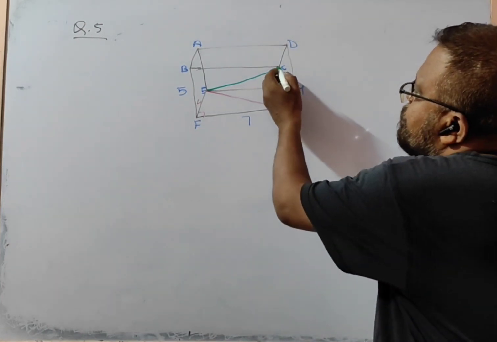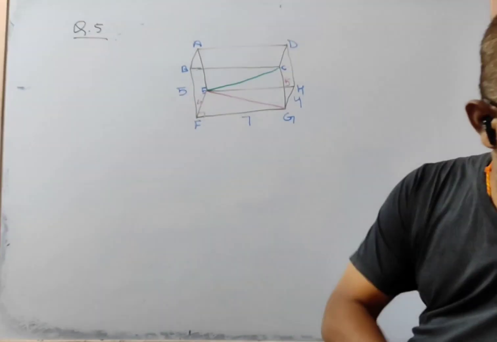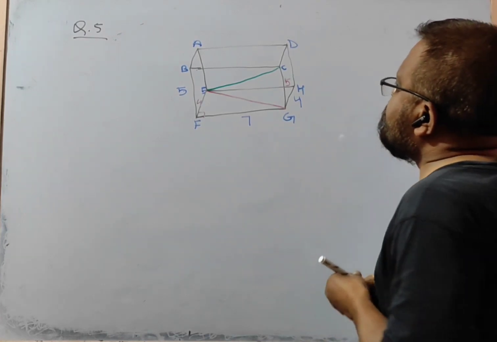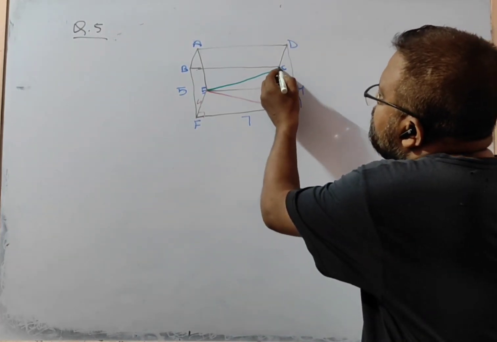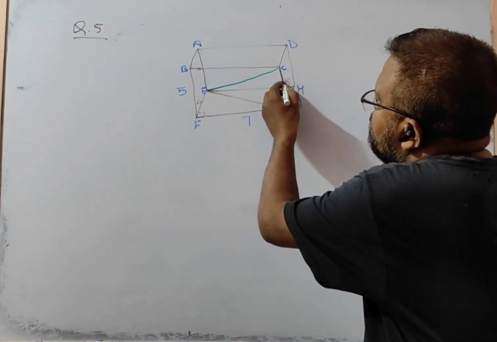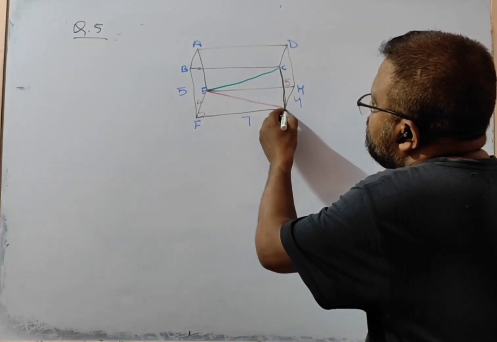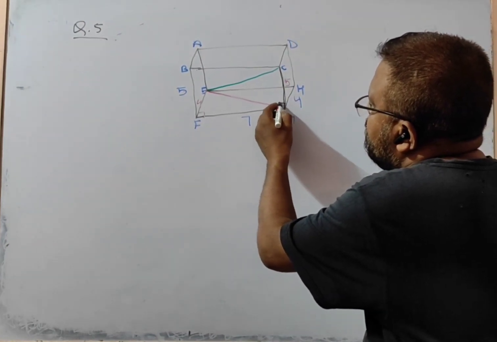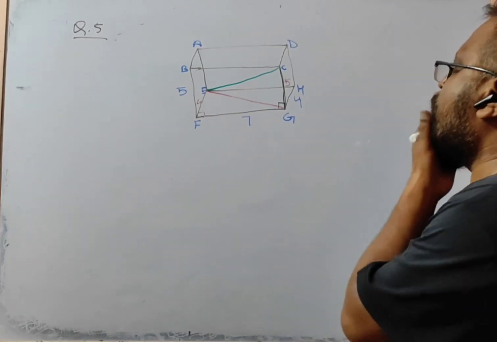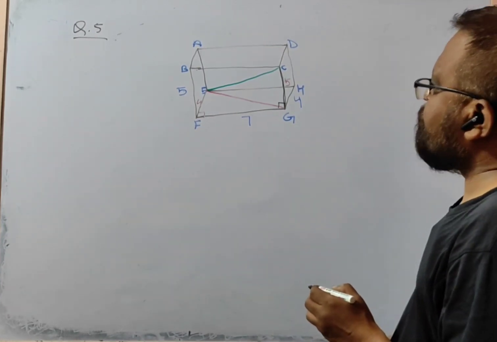So here, this is a right angle triangle. Okay.